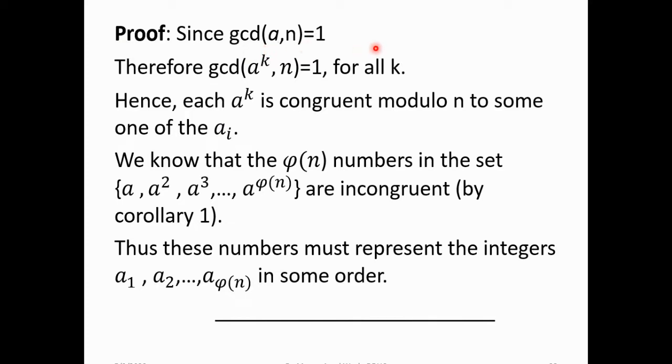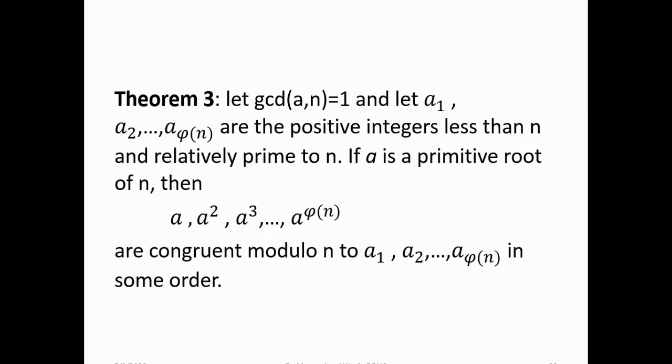Since a and n are relatively prime, a to the power k and n are also relatively prime. So hence each a to the power k is congruent modulo n to some one of the ai, because all the positive integers which are relatively prime to n and less than n are a1, a2, a3, up to a phi n.